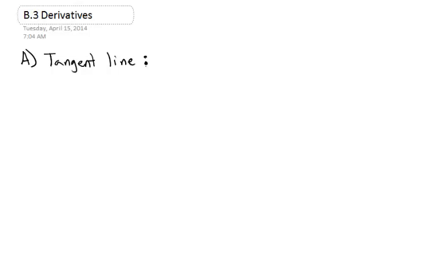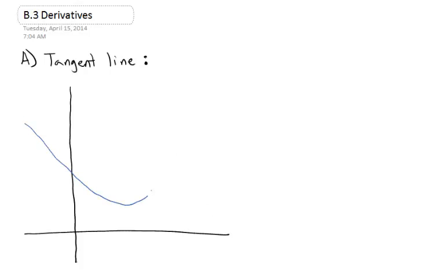We saw a picture similar to this in yesterday's video, but just to bring it back home again, let's say we're looking at some graph. Maybe this graph here.